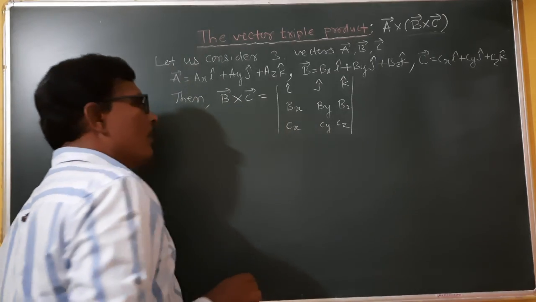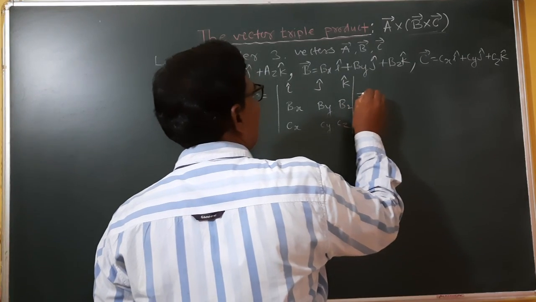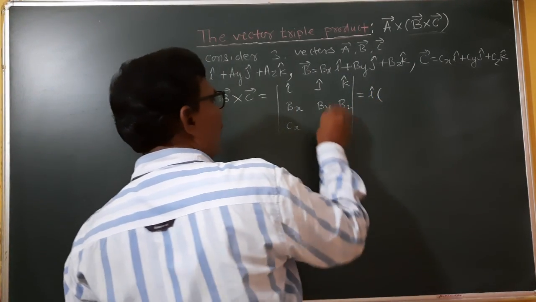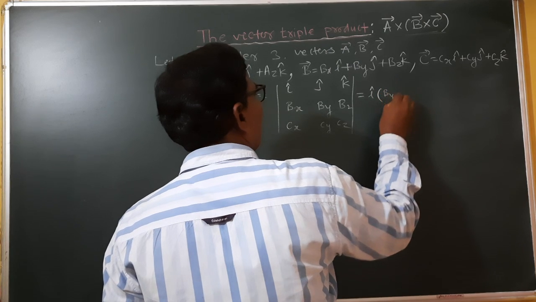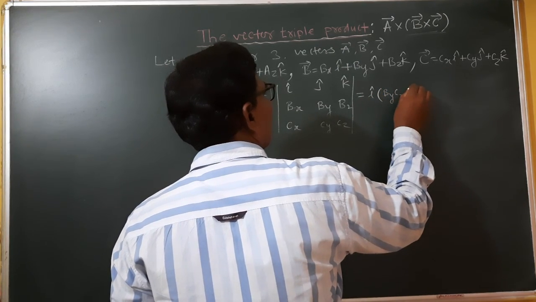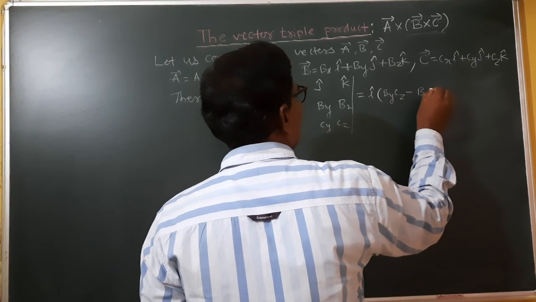From this, it is equal to I cap into bracket, By Cz minus Bz Cy.